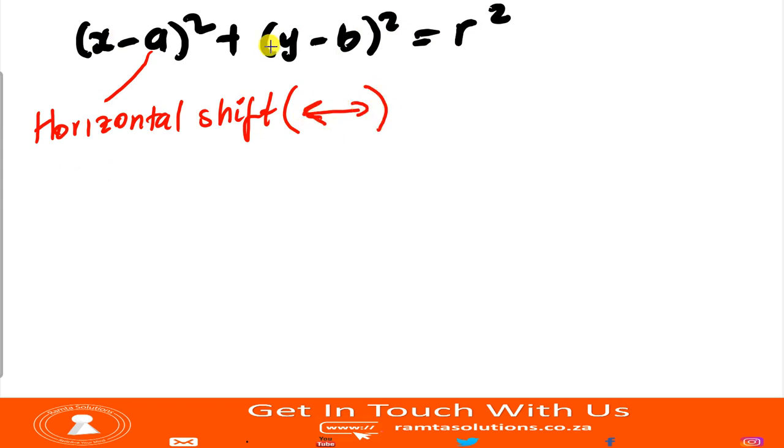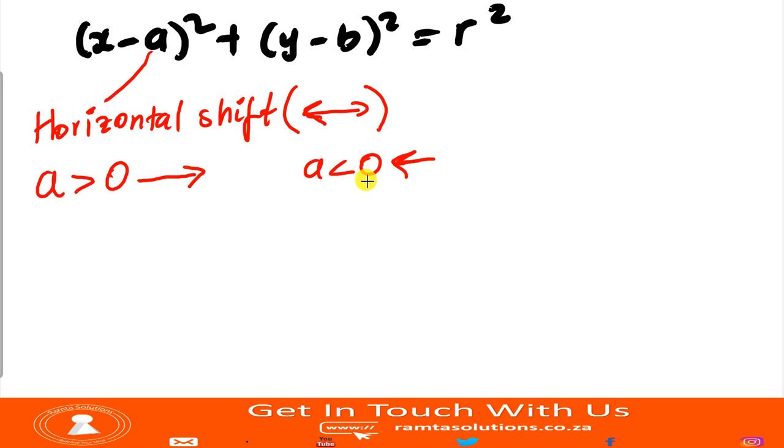For this particular problem, when a is positive, your function shifts to the right.